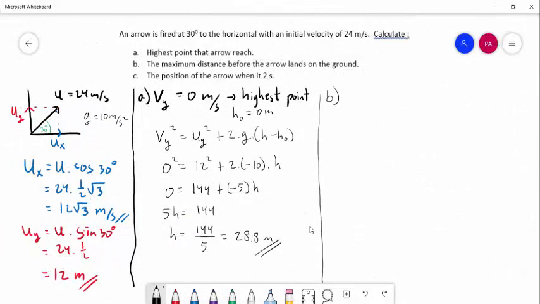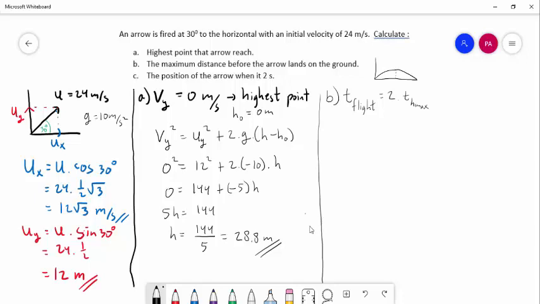For question B, the maximum distance before the arrow lands on the ground, we need to know the flight time of the arrow. In projectile motion, the flight time is always 2 times the time needed to reach the highest point.